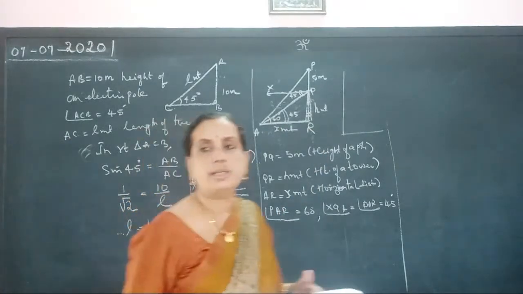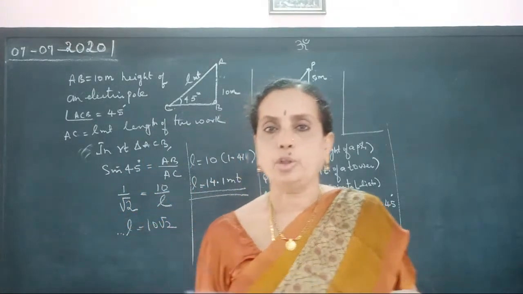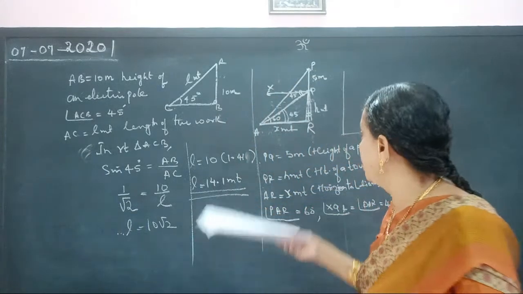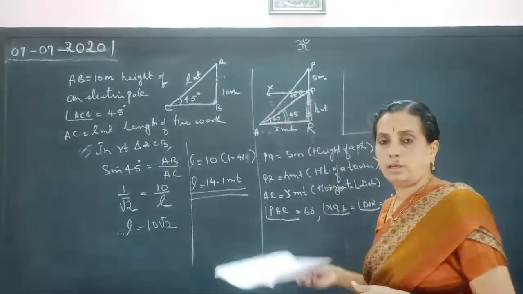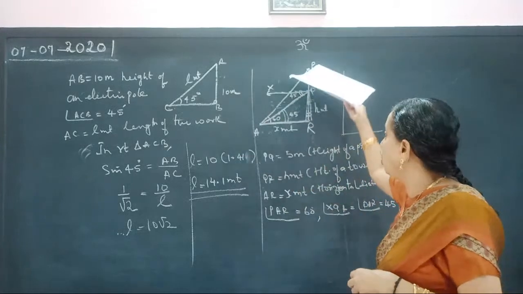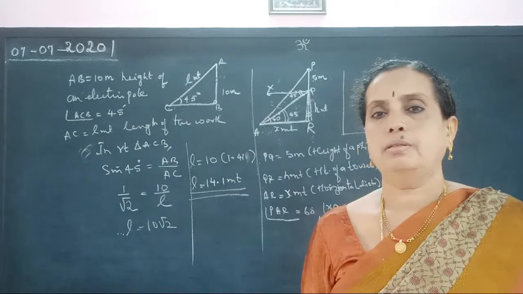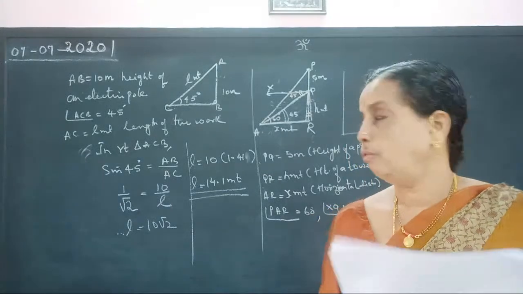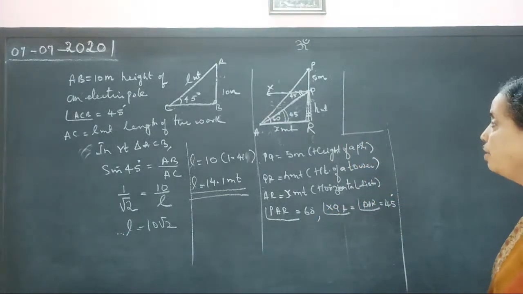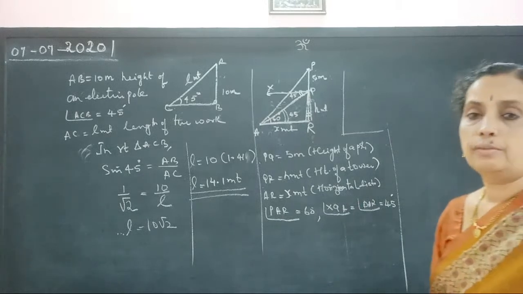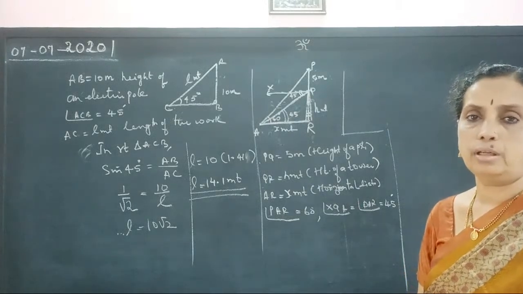Whenever you want to see the object from the top to the bottom, we observe angle of depression. From bottom to top, it is always angle of elevation. Clear? Now, with condition, we have to find out h, that is the height of the tower.